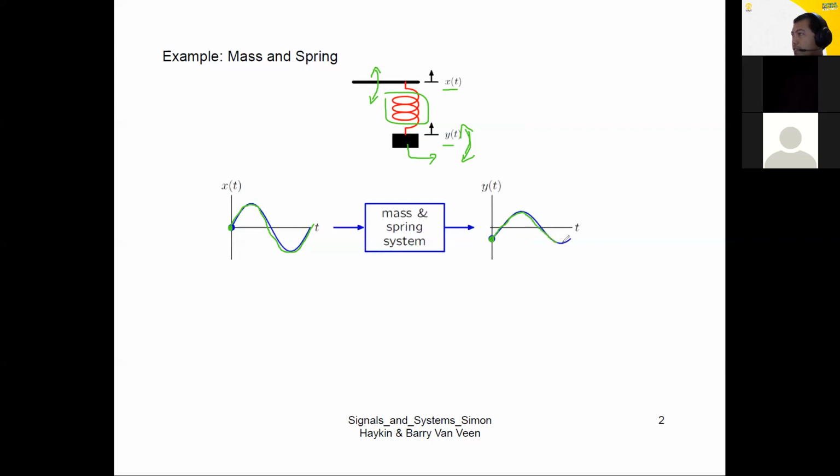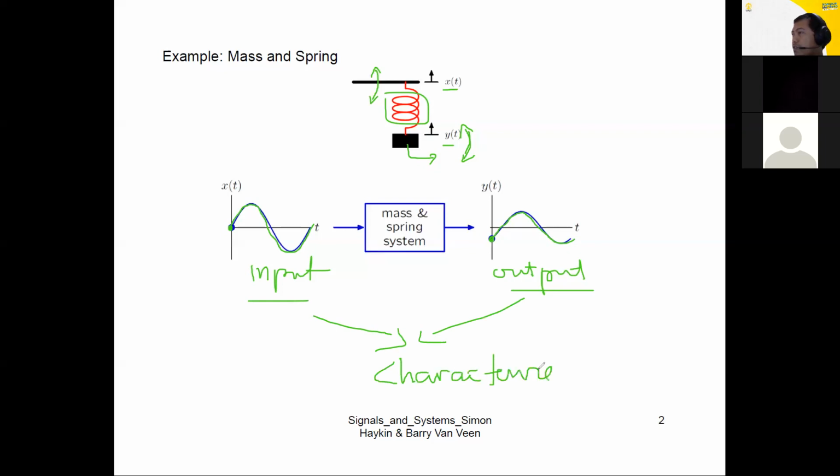Okay, and given the input and the output, usually this information will be used to identify and characterize the system. Why is system characterization important?